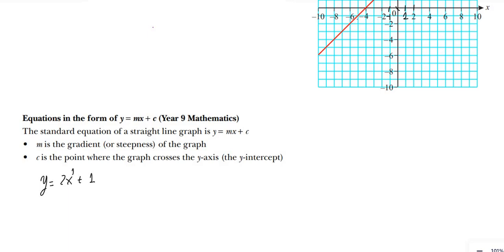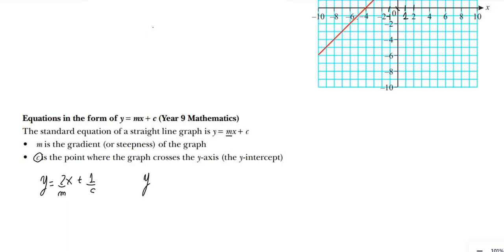Because you have x to the power of 1, you don't write it, but you have x, just 1x, multiplied by a number, m, represented by the letter m, that is the gradient or steepness of the graph, okay? And you have the value c, which is the point where the graph crosses the y-axis, okay? So this will be the value c, this will be the value m.